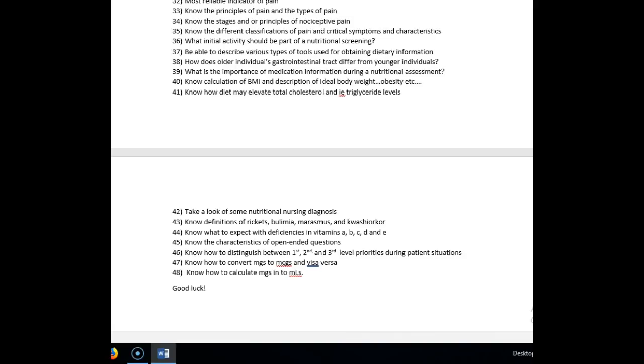There are these disease processes, and if you look at your PowerPoint, I think it may be the nutritional PowerPoints particularly, you can look at those under nutritional assessment, and there are a couple of disease processes in there.